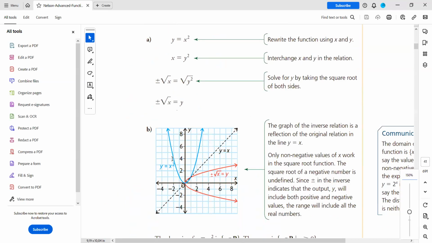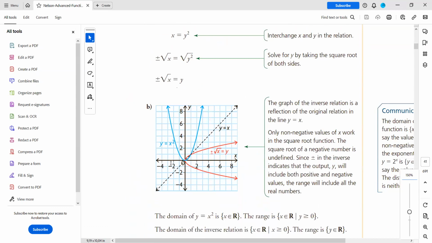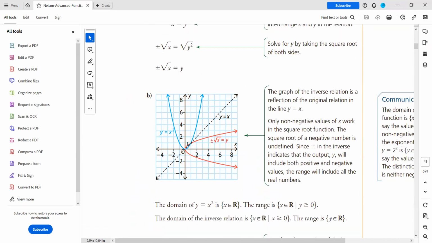But that's not really good for us right here because this doesn't look like a function. The graph of the inverse relation is a reflection of the original relation in the line y equals x, isn't it? Only non-negative values of x work in the square root function, right?